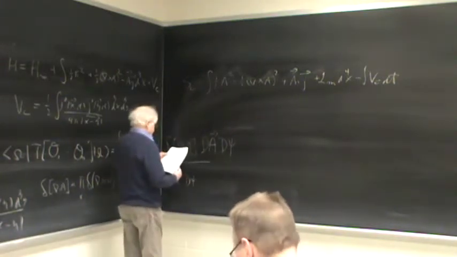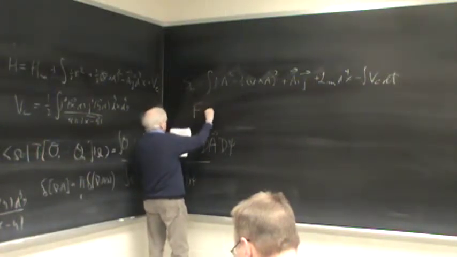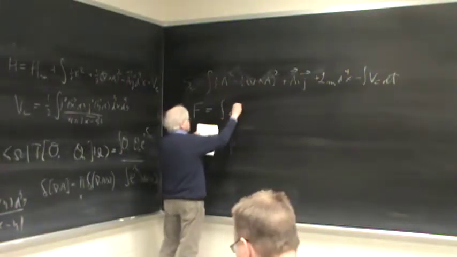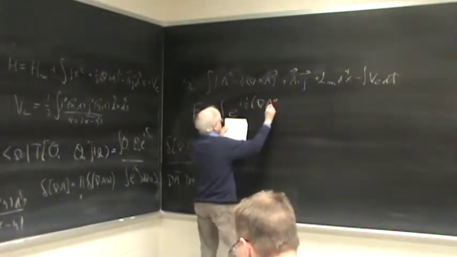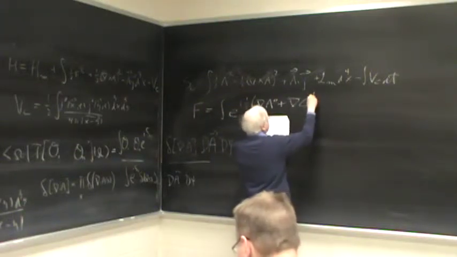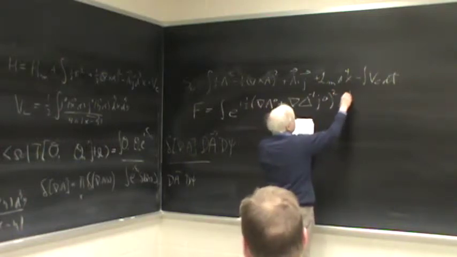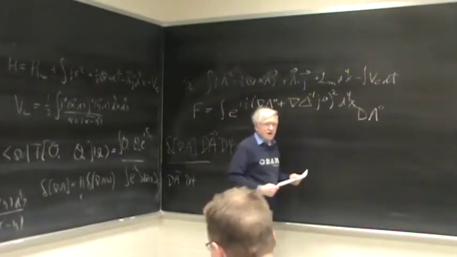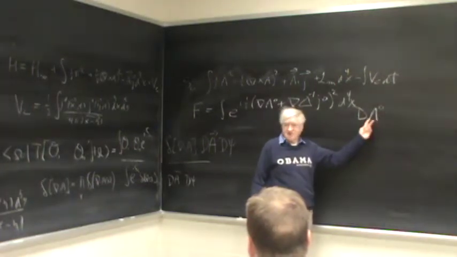So what we do is we introduce a fudge factor, F. And this is itself a path integral: e to the i, a half, grad A0 plus grad inverse Laplacian J0, squared, d4x. That's all in the exponential, and now we have dA0. So this A0, and we've gotten rid of A0, is just some classical field, a mathematical trick.